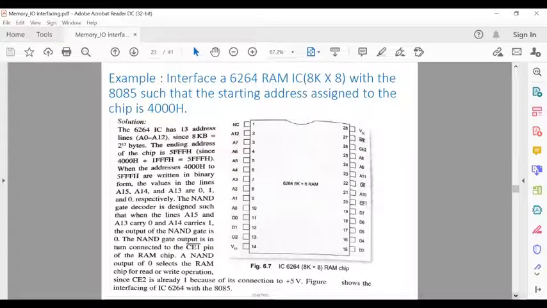Now coming to the example: interface a 6264 RAM IC, which is 8K cross 8 in size, with the 8085, such that the starting address assigned to the chip is 4000. Now do you have pen and paper with you, everyone?